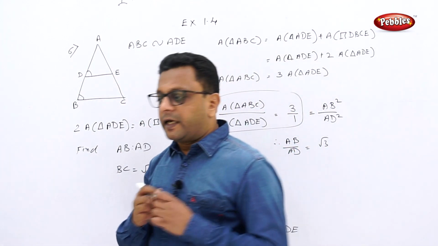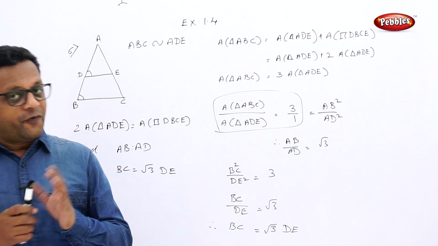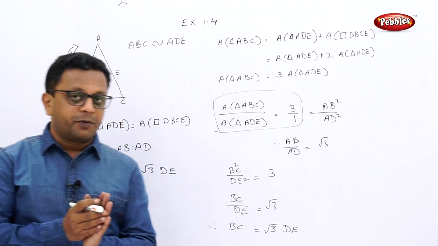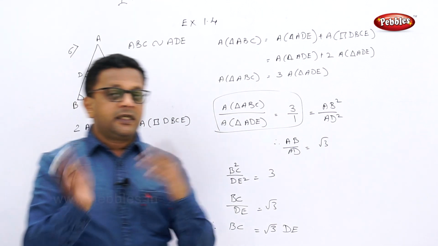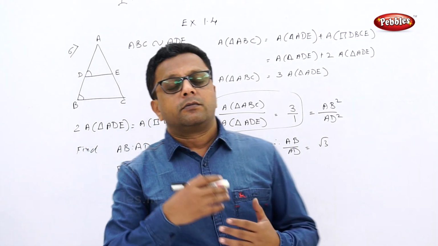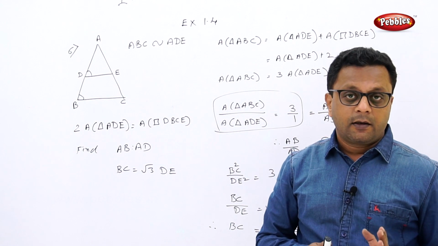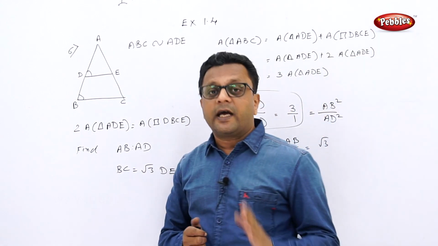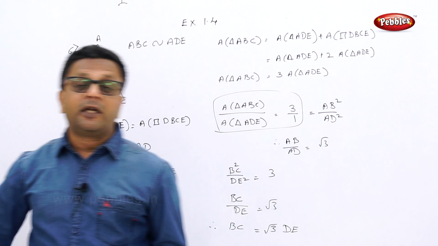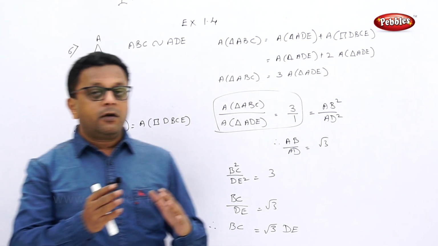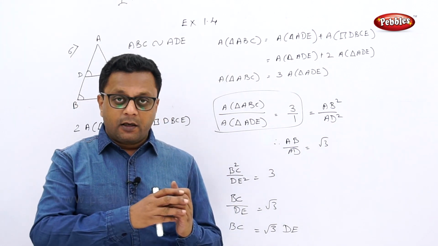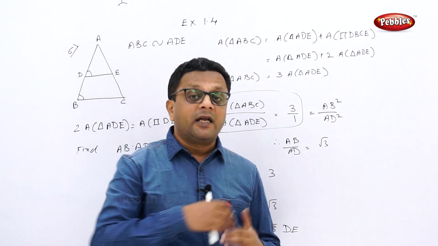Always remember, in case of similarity, you will feel that the problem is very simple. You can easily find out the answer orally also. But first check whether they have given that those two triangles are similar or not. Because whatever rules or theorems you are applying are for similar triangles.